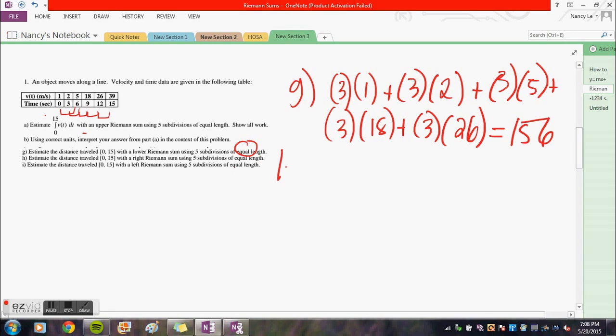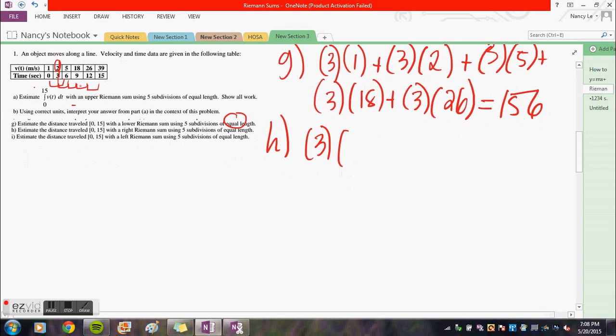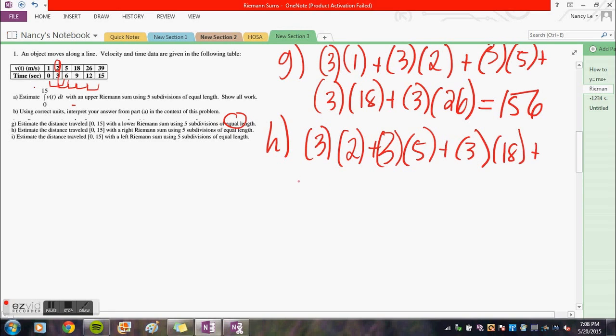156. Now on to H, a right Riemann sum using 5 subdivisions of equal length. So that's 3. Take the right value, doesn't matter if it's lower or less than the other value. So the right Riemann sum, that would be 2 plus 3 times 5 plus 3 times 18 plus 3 times 26 plus 3 times 39.